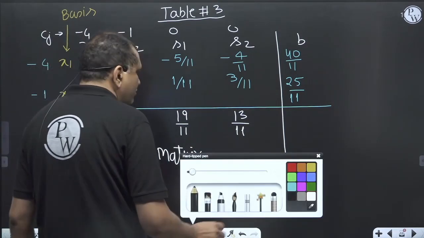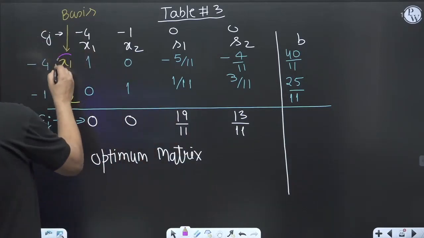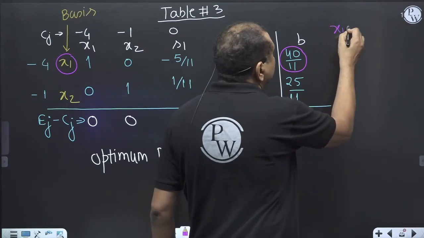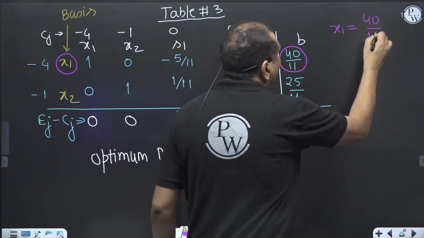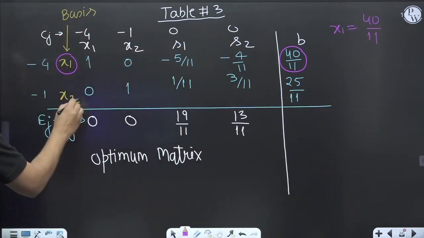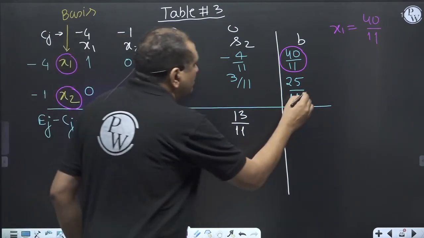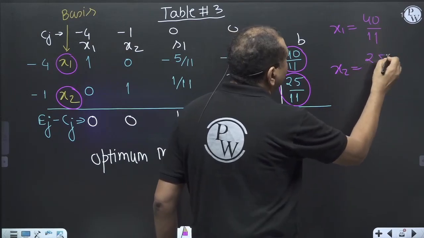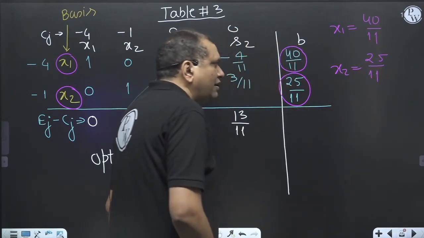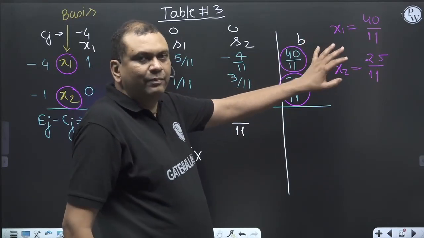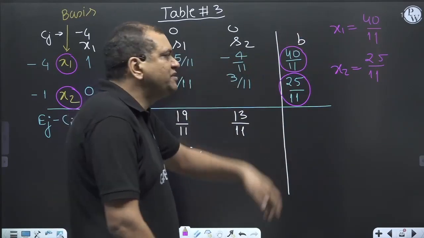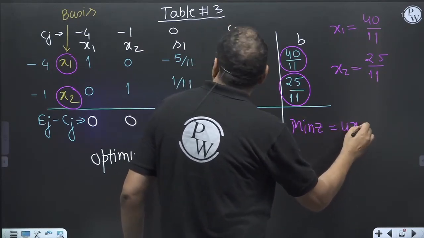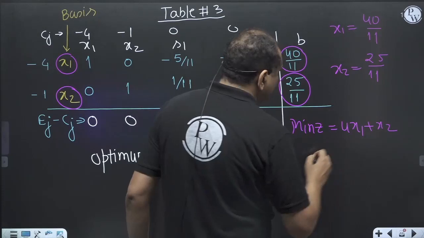Now let us read the solution. X1 is equal to 40 by 11. X2 is equal to 25 by 11. Now these values we can put into the original objective function. Minimum z is nothing but 4x1 plus x2.